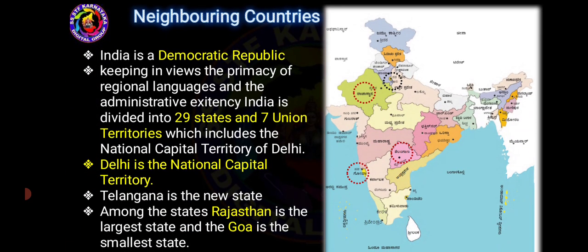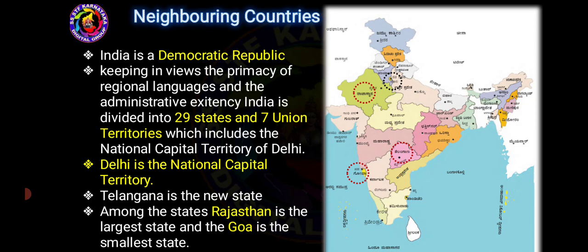Our country, children, is a democratic republic. It is divided into 29 states and 7 union territories. We know ours is a very large country. We are talking about the administrative divisions.